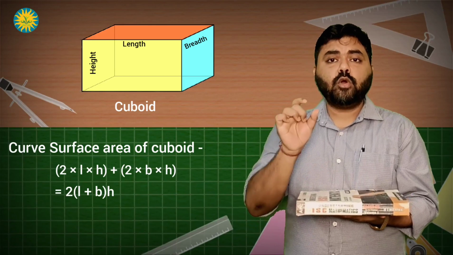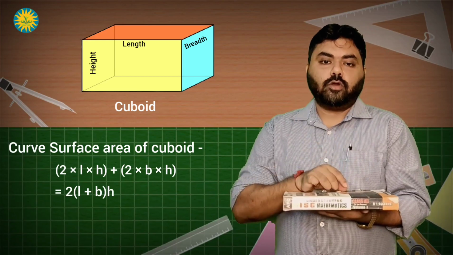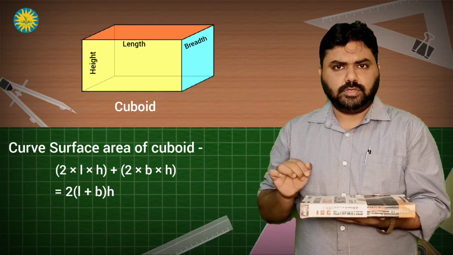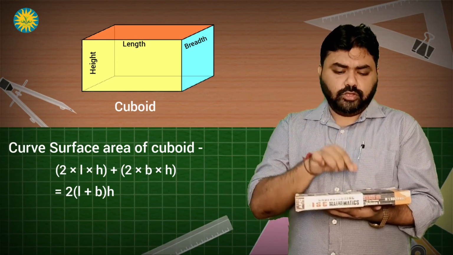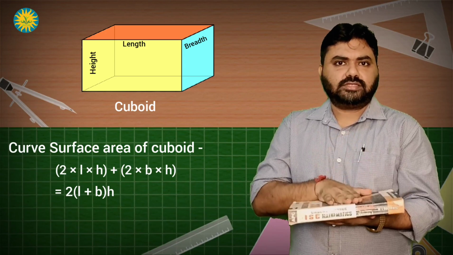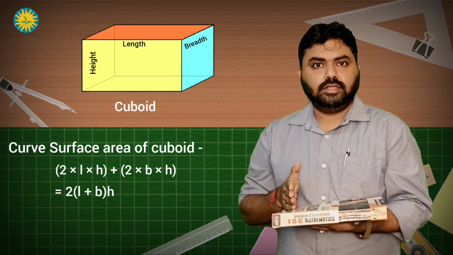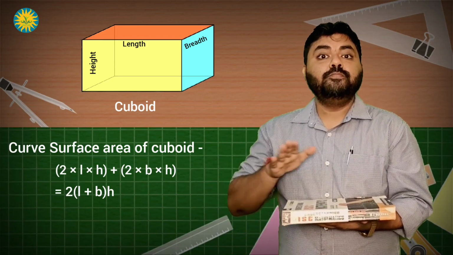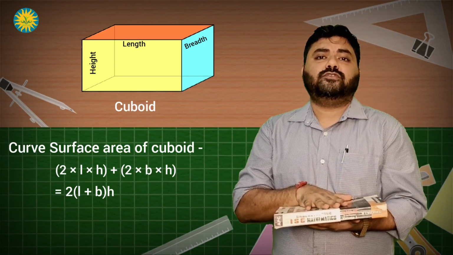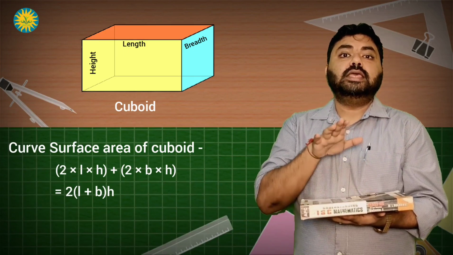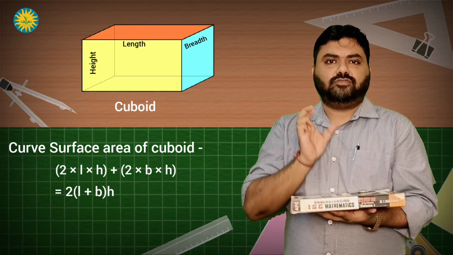Now, a small trick. We have got the formula, that is 2H in bracket L plus B. We know the perimeter of a rectangle is twice L plus B, that is 2 into length plus breadth, multiplied with its height. Therefore, to find the curved surface area of any three-dimensional figure, first of all we have to find the perimeter of that figure.